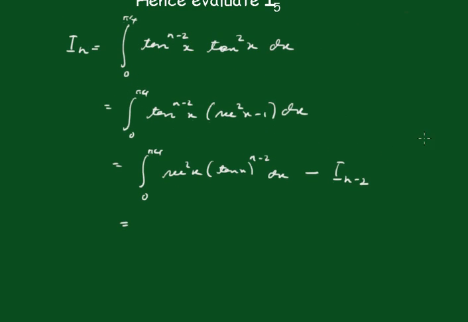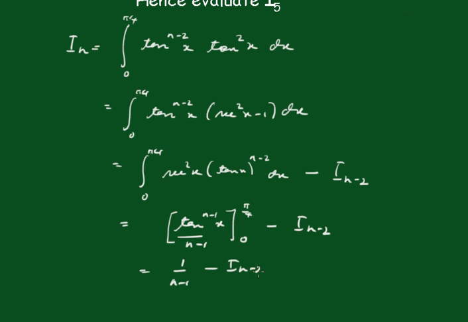So that becomes tan n minus 1 x over n minus 1 between pi upon 4 and naught minus In minus 2. Now the tan of 45 is 1, and 1 raised to that power is 1, and of course the tan of naught is naught, so that simply becomes 1 over n minus 1 minus In minus 2.